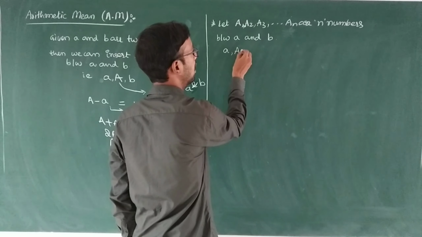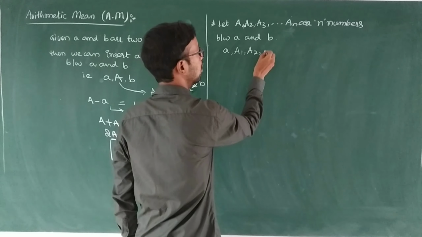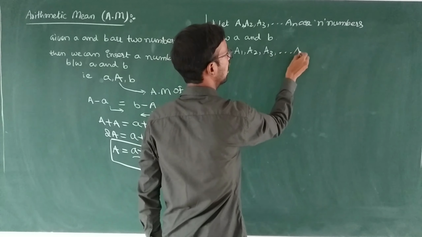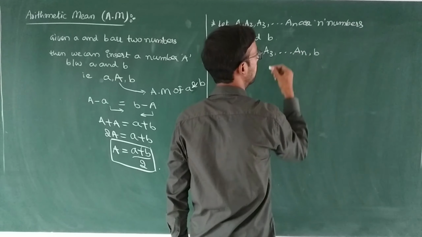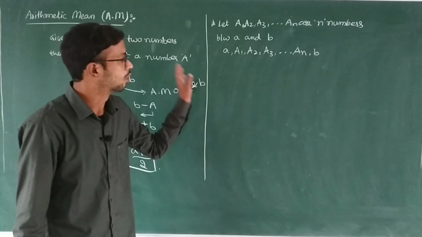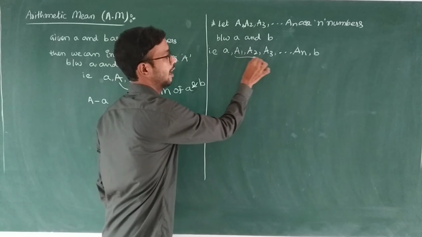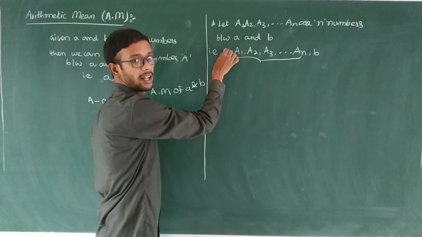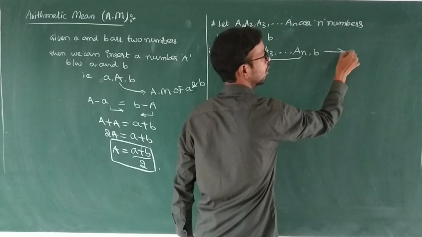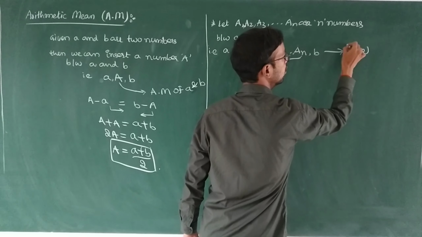So A, A1, A2, A3, and so on, An, B. Total number of terms, how many here? These are n terms, n plus 1, n plus 2. So total n plus 2 terms.